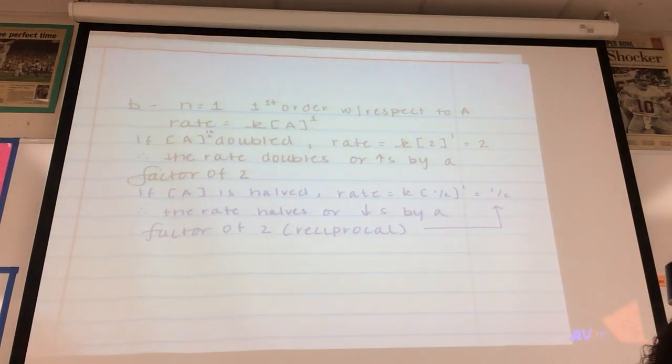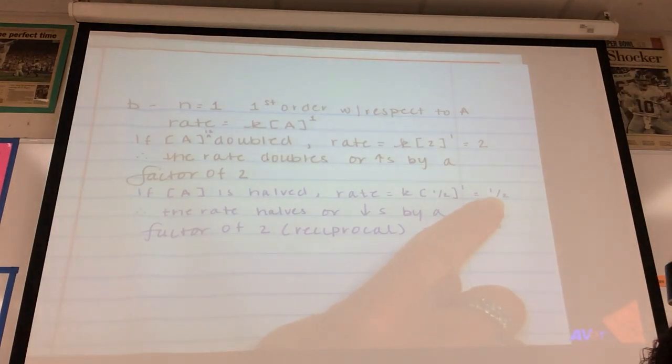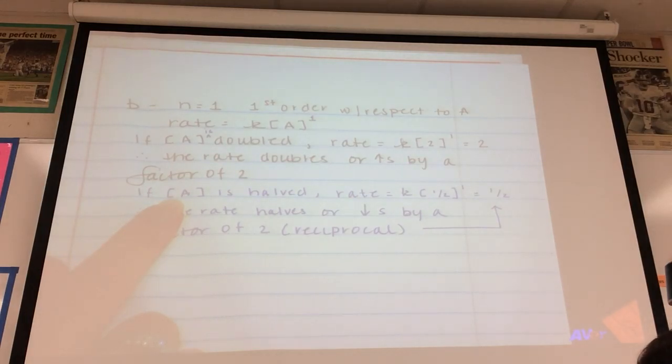So if you get a fraction less than 1 as your rate, the rate decreases by a factor of the reciprocal. So let's say, for example, that the concentration of A is quartered. What would happen to the rate? It would decrease by a factor of 4.